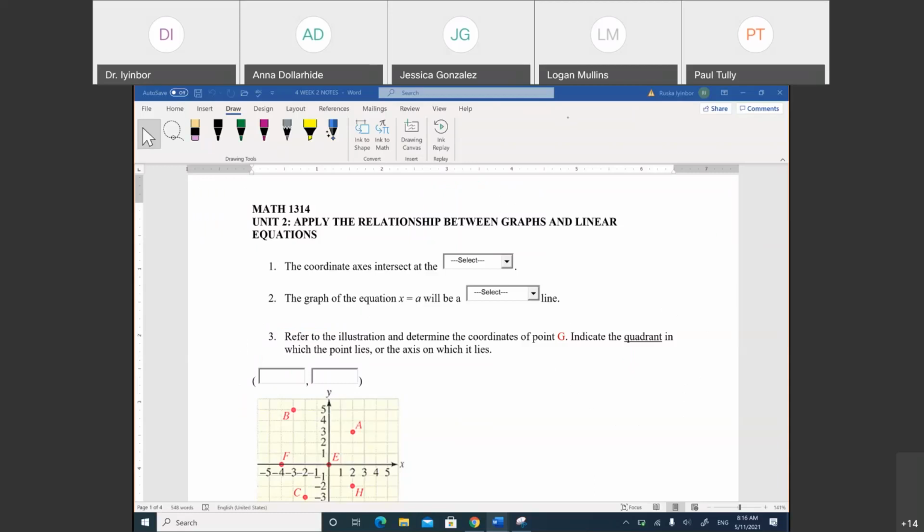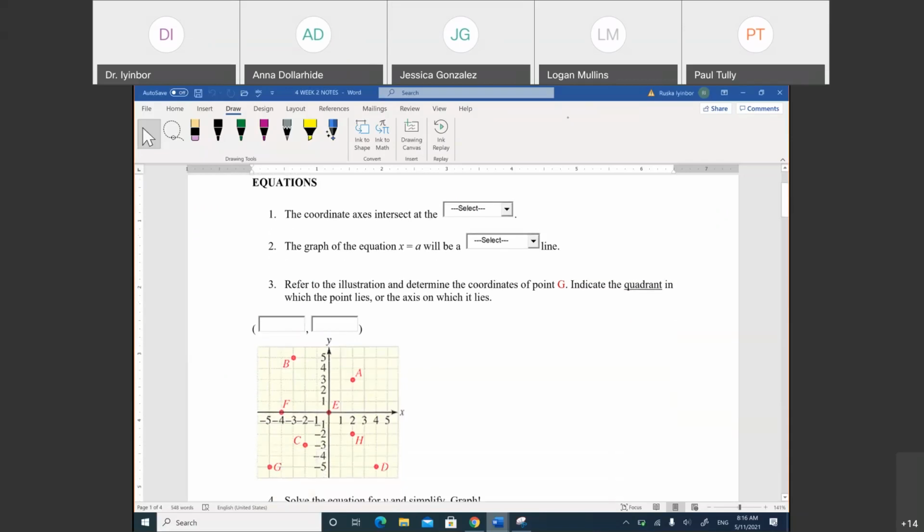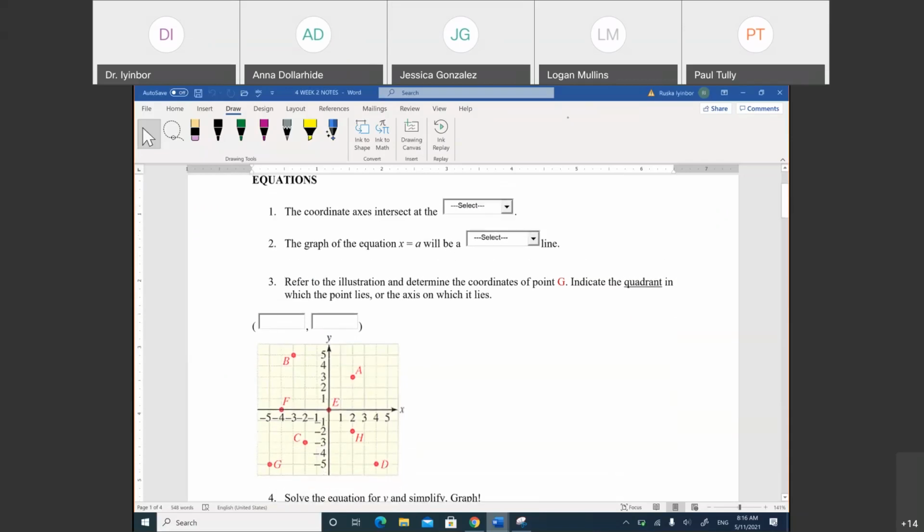So first you're going to start with rectangular coordinate system. Probably most of you are familiar with this. We have x-axis, so look at the graph at number 3. You have the x-axis here, then you have the y-axis. So these are two perpendicular lines which cross at this point here. It's called origin.